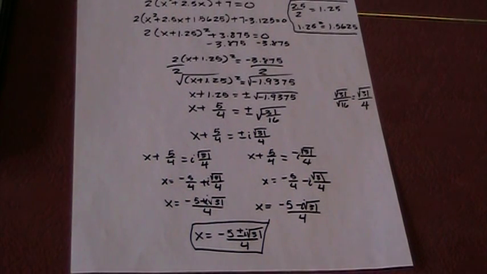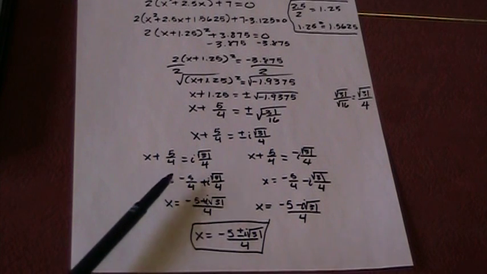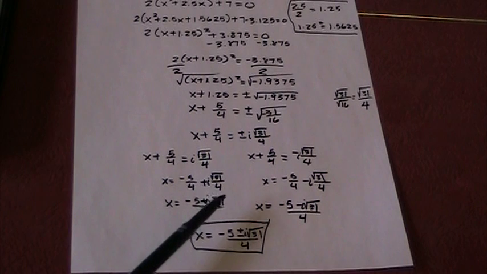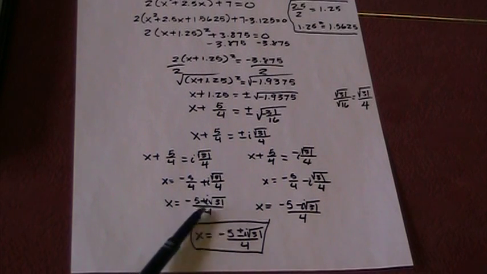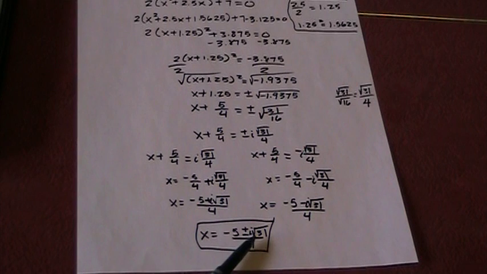I'm glad I caught that. What I should have written was x equals negative 5/4 plus i square root of 31 over 4, and negative 5/4 minus i square root of 31 over 4. And so when I combine it, that i just stays there, and it would just sit there between the plus minus and the radical. Sorry about that.